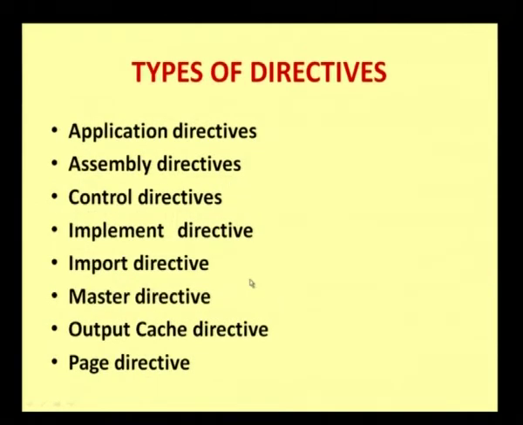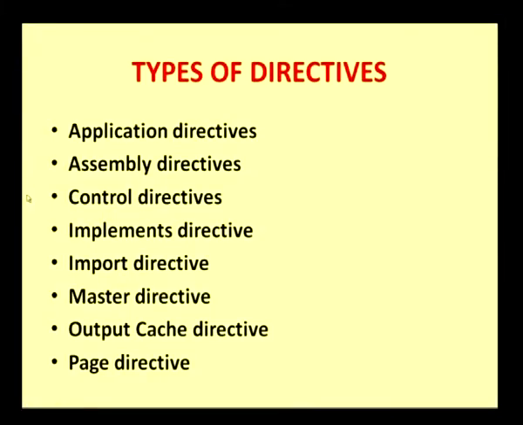Next, what are all the types of directives available in ASP.NET? The directives are the application directive, assembly directive, control directive, implements directive, import directive, master directive, output cache directive, and the page directive, which is the fundamental one that we are going to see. The application directive specifies which application the particular page has been written for, and the assembly directive specifies what attributes are required at parse time.